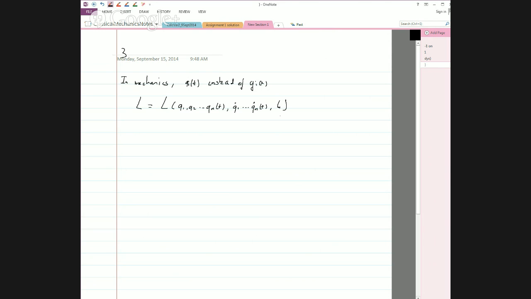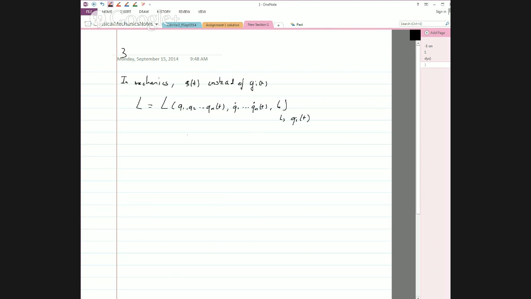And so the goal will be to find qi of t. This is the same thing as if the Lagrangian L depended on multiple functions y and y primes that depended on x, except now the independent variable is t.